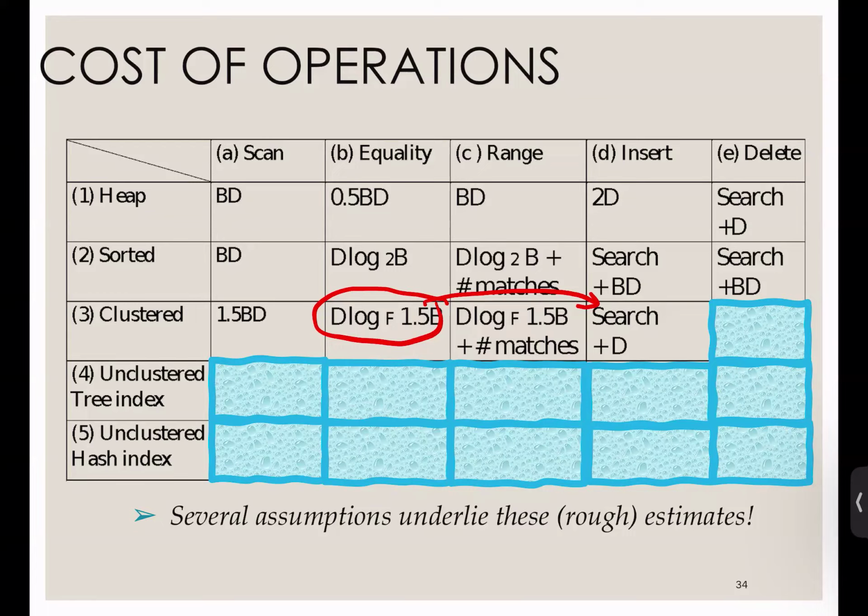Now for deletion, well, the same idea. You need to find where the stuff that you want to delete is located. All right. So first you have to find the leaf page to delete a record.